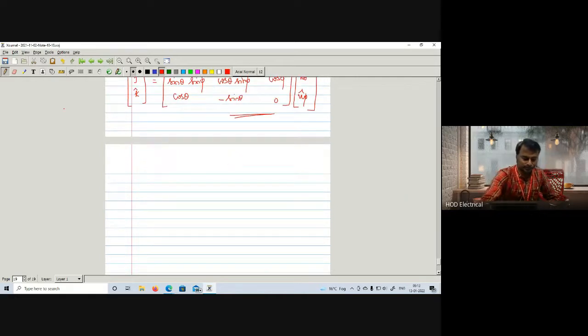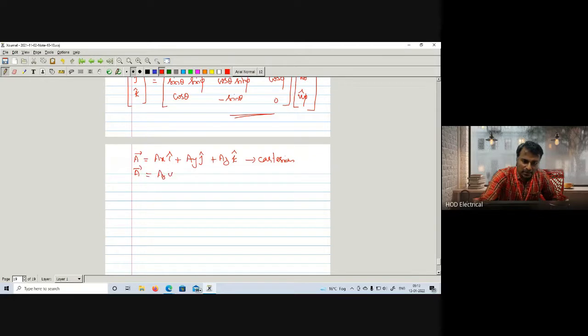We know already that a vector in the Cartesian coordinate system is ax in the i hat plus ay in the j hat plus az in the k hat. Then for the spherical coordinate system, what is that?